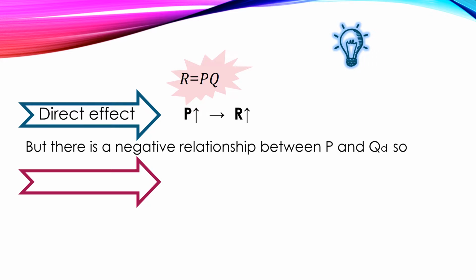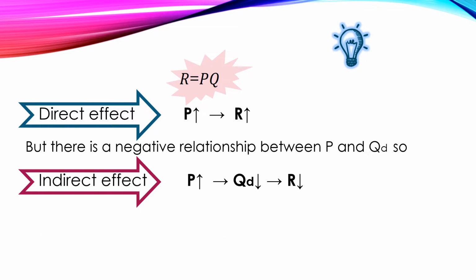In the revenue equation, we have a direct effect and an indirect effect. The direct effect: if the price increases, revenue will increase. But there is a negative relationship between price and the quantity demanded, so there is an indirect effect.